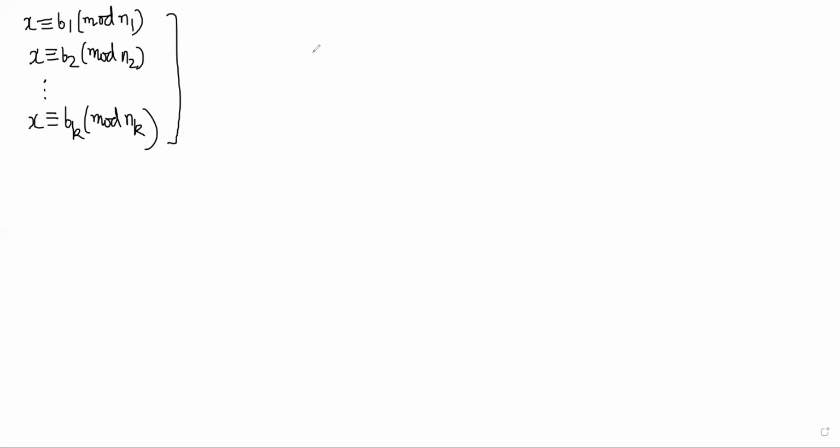So what we'll say is, let us look at the number capital N equal to n1 into n2 multiplied by nk, right? And let capital Ni be equal to capital N by small ni.